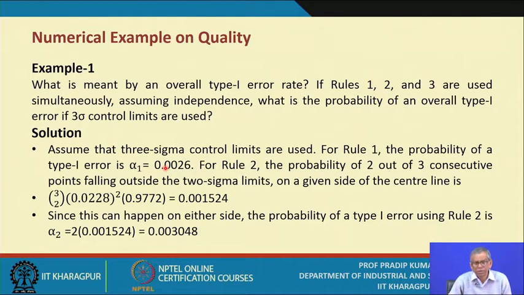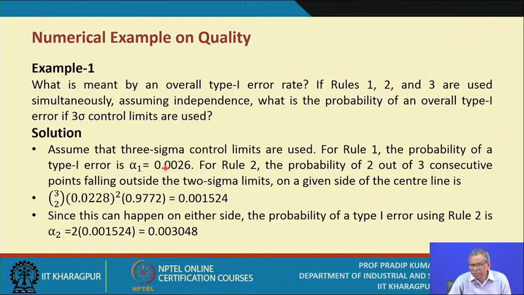Now in a given case, suppose rules 1, 2 and 3 are used simultaneously, assuming independence, okay, so that means rule 1, if you use it, is independent of rule 2. So that sort of assumptions we are making.